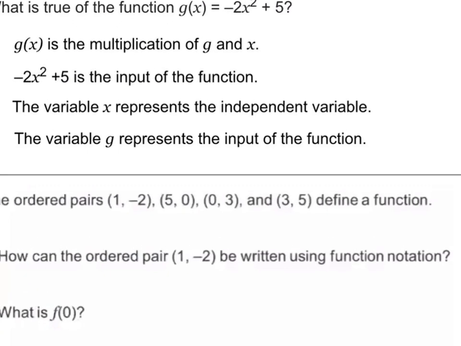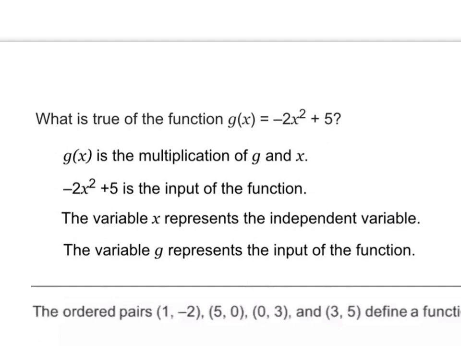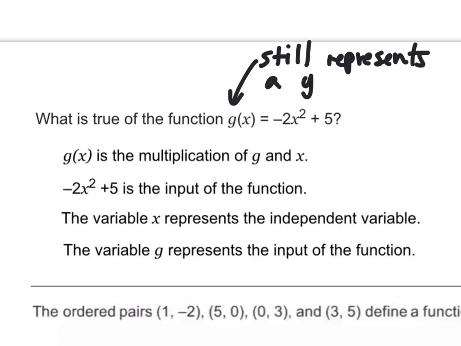Okay, this top question says, what is true about the function g of x is equal to negative 2x squared plus 5? Same thing, we saw f of x earlier, g of x still represents a y value. So we want to know what is true.